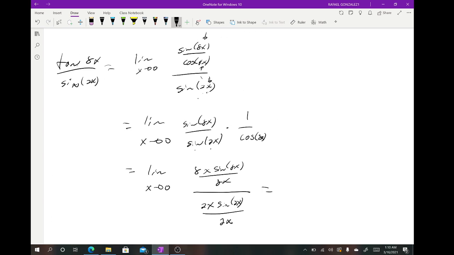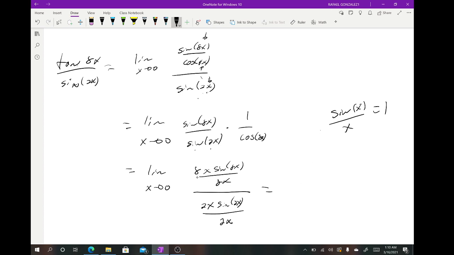And so what I'm doing here, I'm taking the limit piece by piece. If you don't recall, we could take the limit of a product by just taking the limit of the first piece and then multiplying it by the limit of the second piece. So because of the rule of sine and cosine, especially the rule I gave you that the limit of sine of x over x equals 1, I have the following.